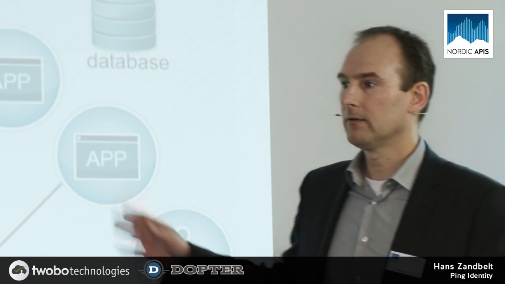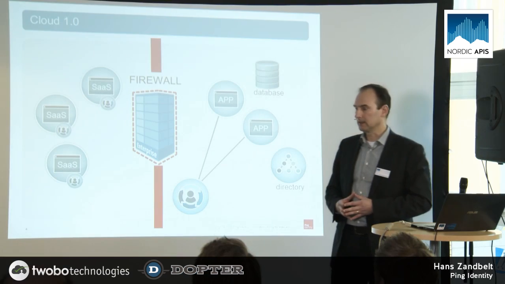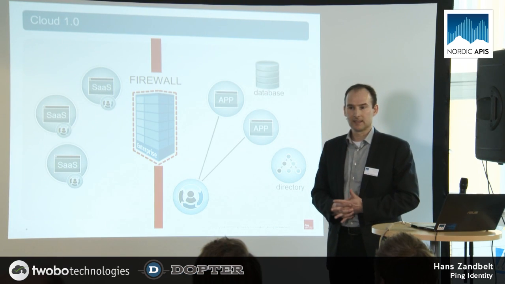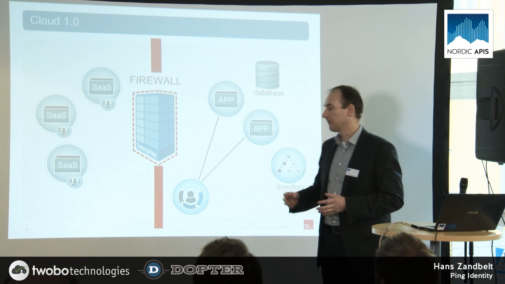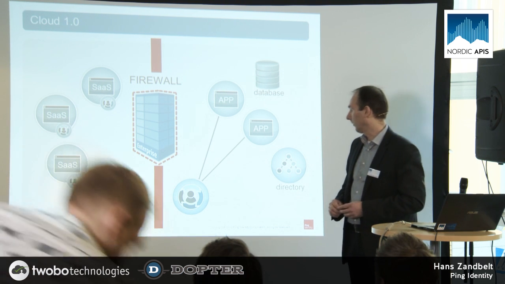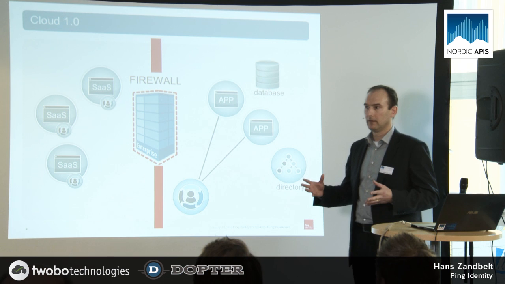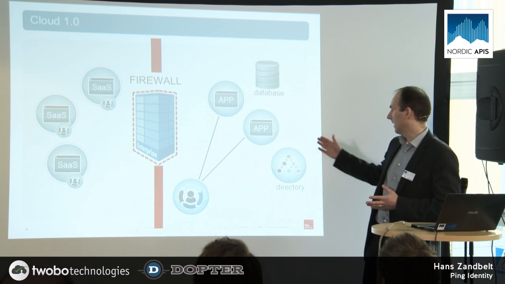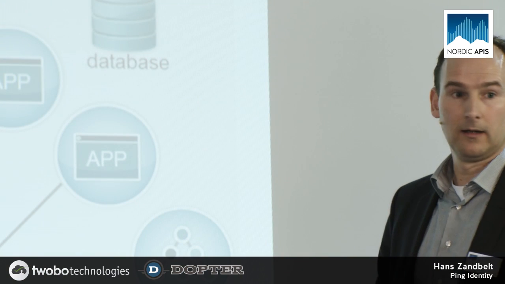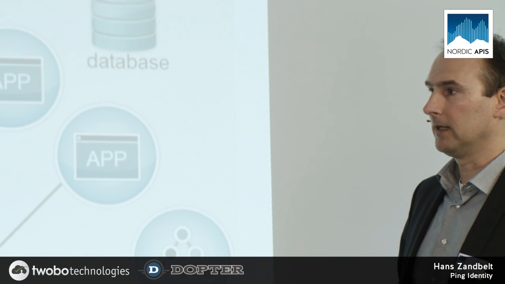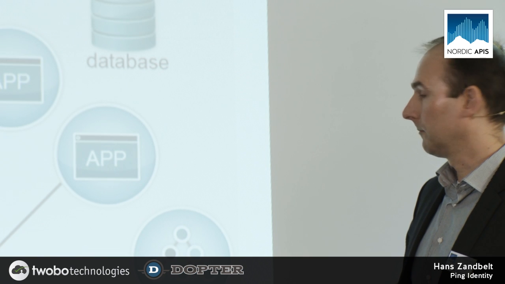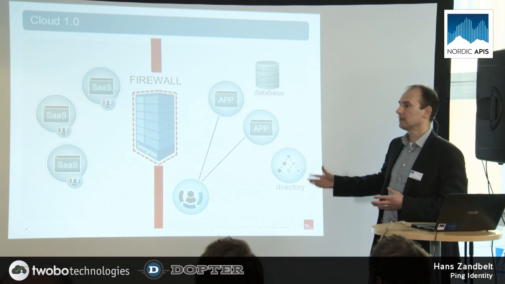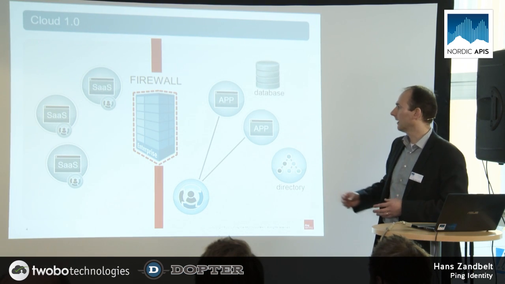What I've depicted here is what I've labeled Cloud 1.0, a situation that often exists today. We see a typical enterprise business having deployed a few applications within the corporate network, and people can use these applications maybe because they have an account in an LDAP directory. They access these applications, and sometimes they have application-specific accounts, sometimes they use the accounts in the LDAP directory.